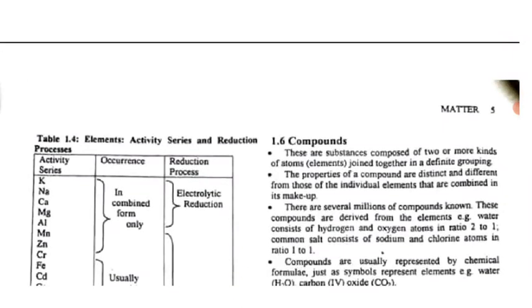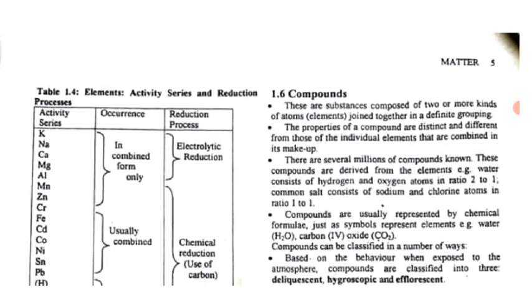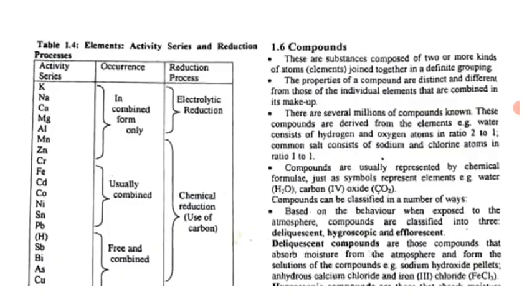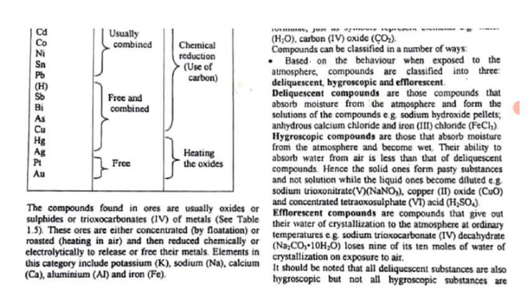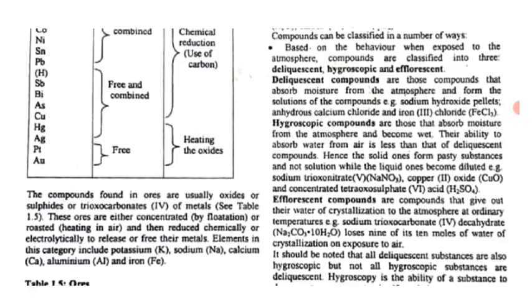We also have some occurrence from potassium to zinc. They occur in combined form only. They can be extracted by electrolytic reduction. So just go through the table. Also, you can get these textbooks. If you don't have the physical copy, I'll always drop the link to a site where you can download the PDF and follow up with the classes.